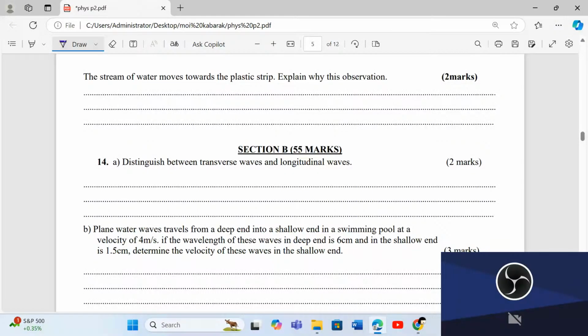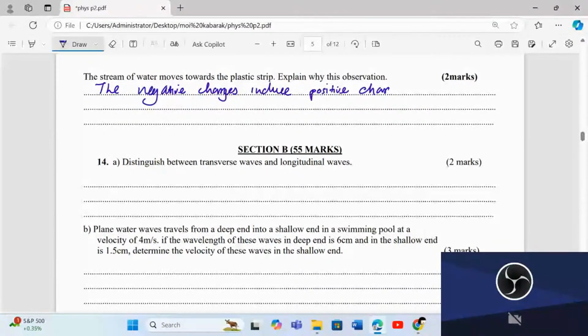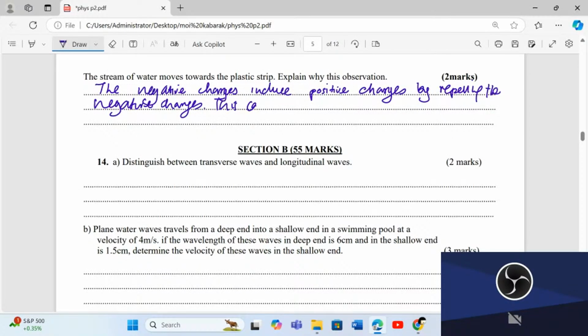The negative charges induce positive charges by repelling the negative charges, hence attraction.